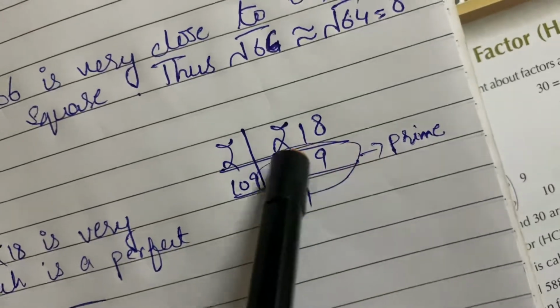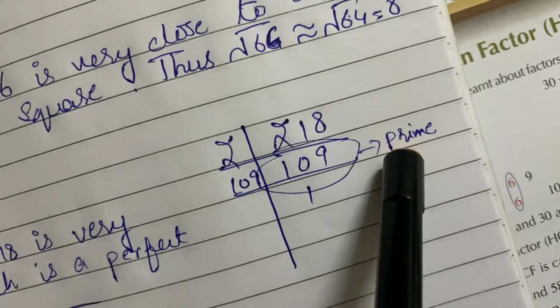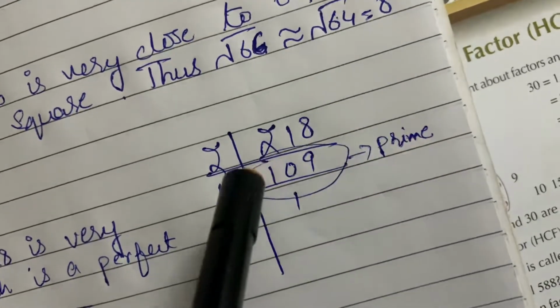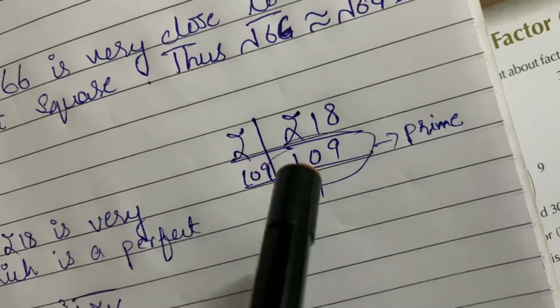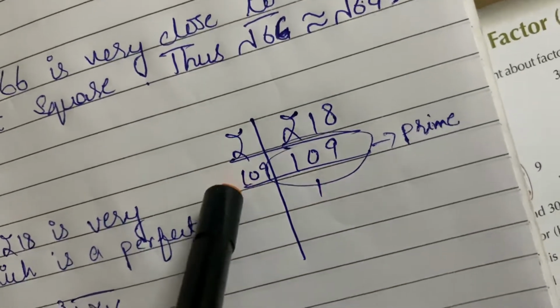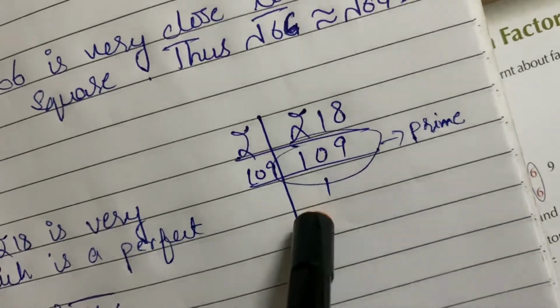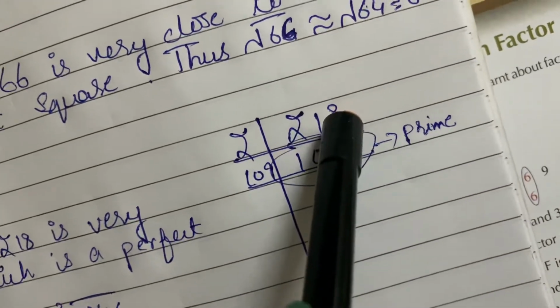Now you can see that you are left with a prime number. 109 is a prime number and we cannot divide it because a prime number has two distinct factors, 1 and itself. So 109 ones are 109. Okay, so we cannot divide it. We cannot write this number in the form of a cube.